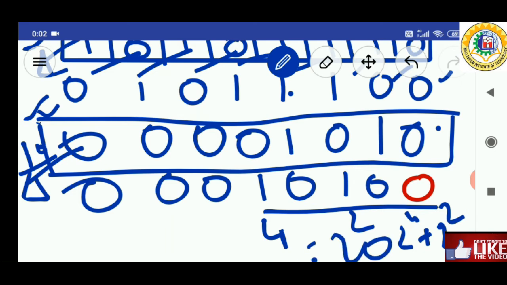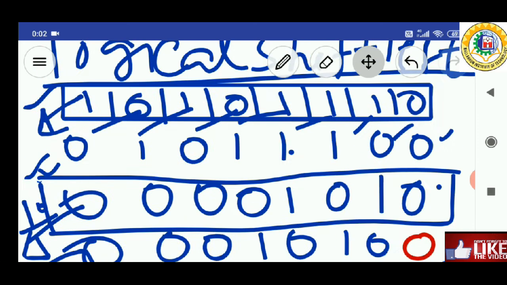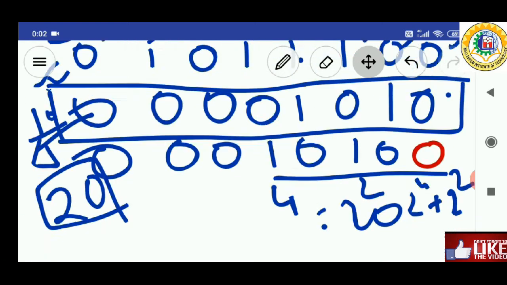So whatever data we have provided here, the data has been doubled. So logical shift left means whatever data we have provided, that data has become doubled in its numerical value. So this is a perfect example of the logical shift left.